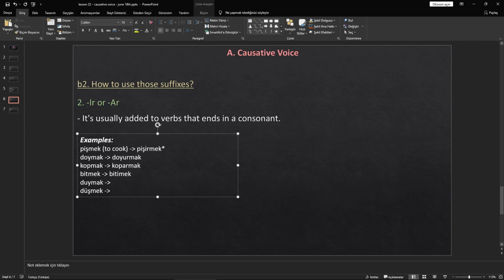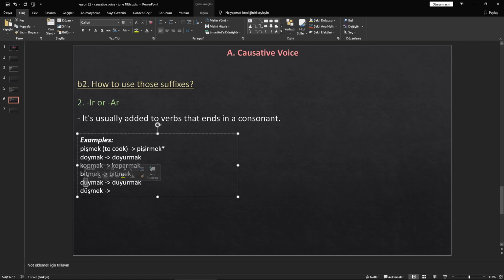How about the next one? Graf, you can actually try it. How will you insert ir or ur into this? Okay, you are correct. Duyurmak. Perfect. You still remember.